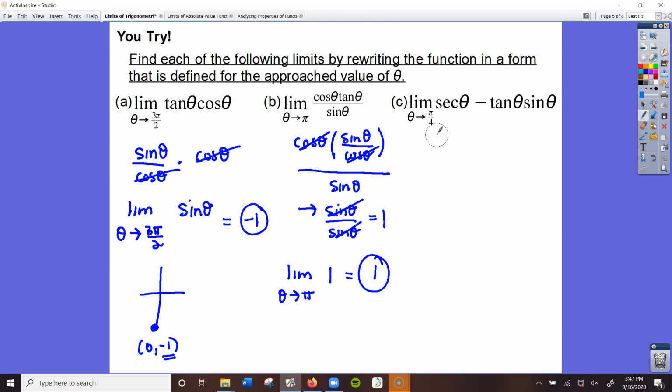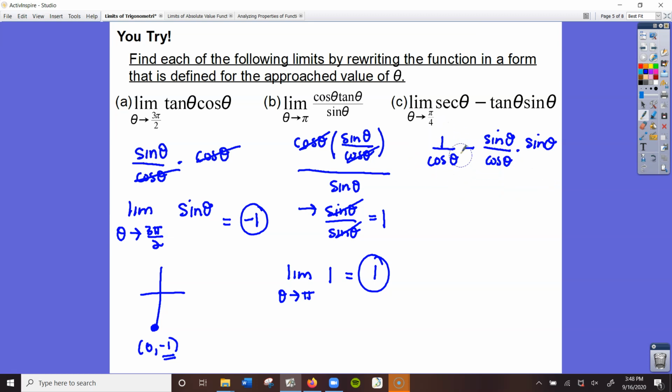Moving on to this last one here, remember we're writing everything in terms of sine and cosine. Secant is the reciprocal function for cosine, so I can rewrite secant as 1 over cosine theta minus tangent, which is sine theta over cosine theta, and then we're multiplying by sine of theta. Now look what happens here.